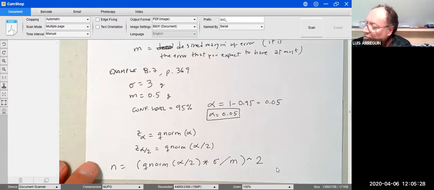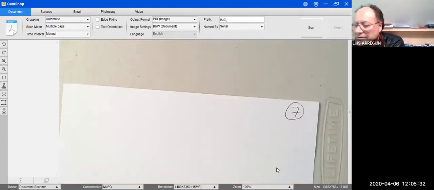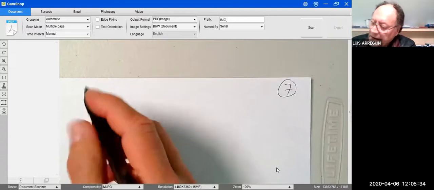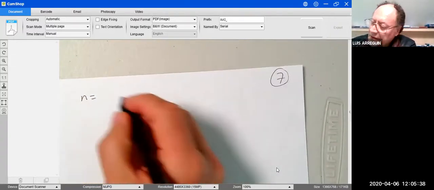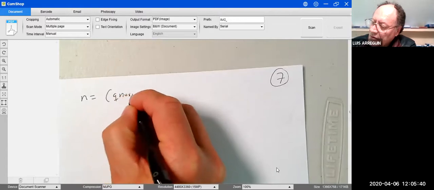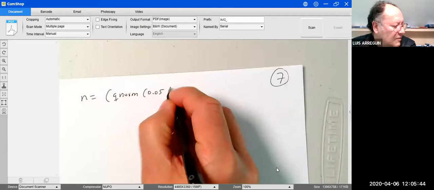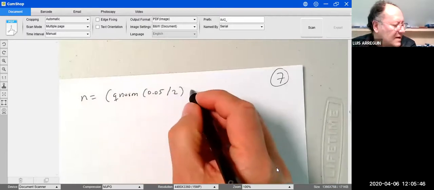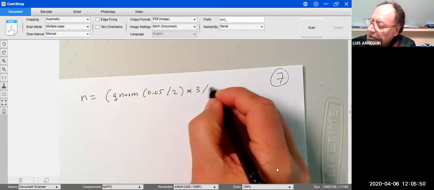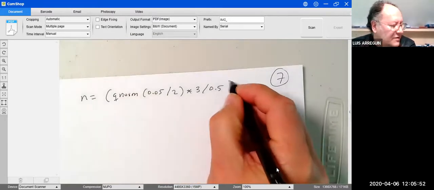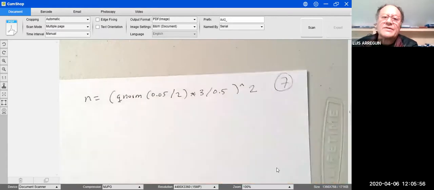So let's do the computation by using the information that is given. So in this case, n, the sample size is going to be qnorm of 0.05 over 2 because alpha is 0.05. We're going to multiply this by 3 and we're going to divide this by 0.5, which is the margin of error, and then you're going to square the result.